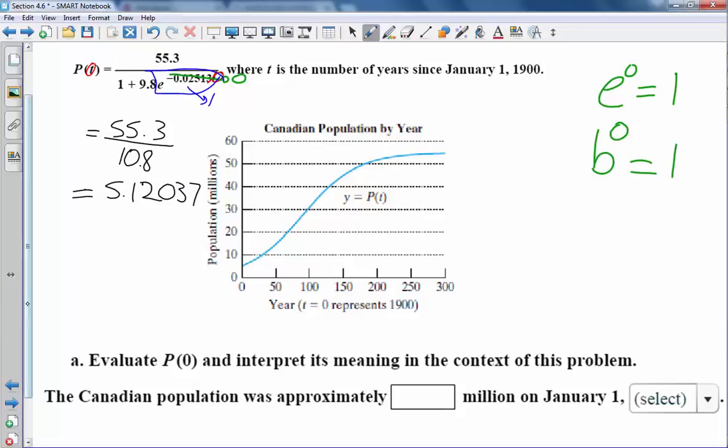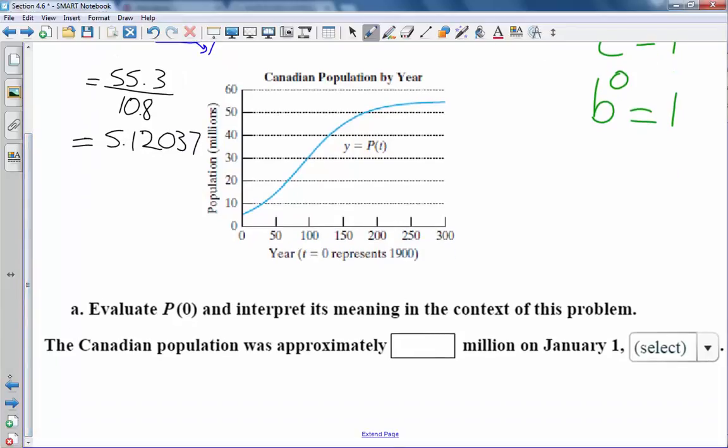Let's see how much approximation they want. They just want it in millions. Oh, by the way, this is in millions. So it's just 5 million then. Okay.